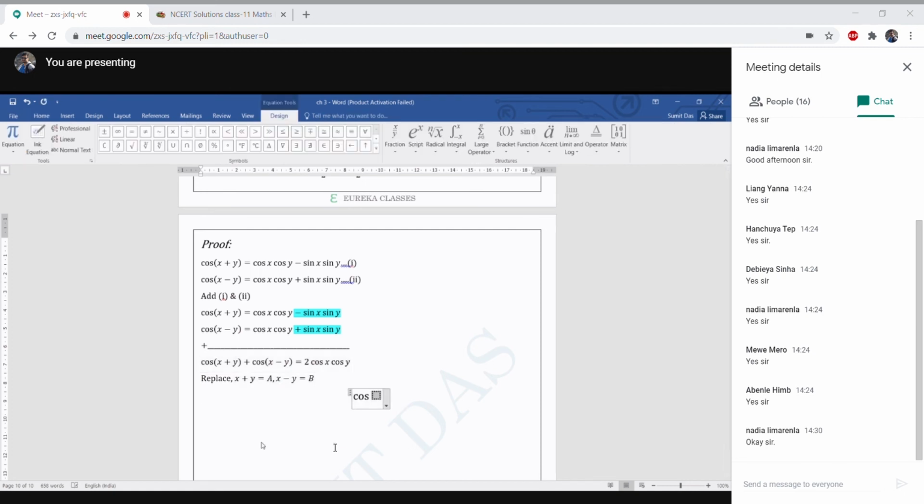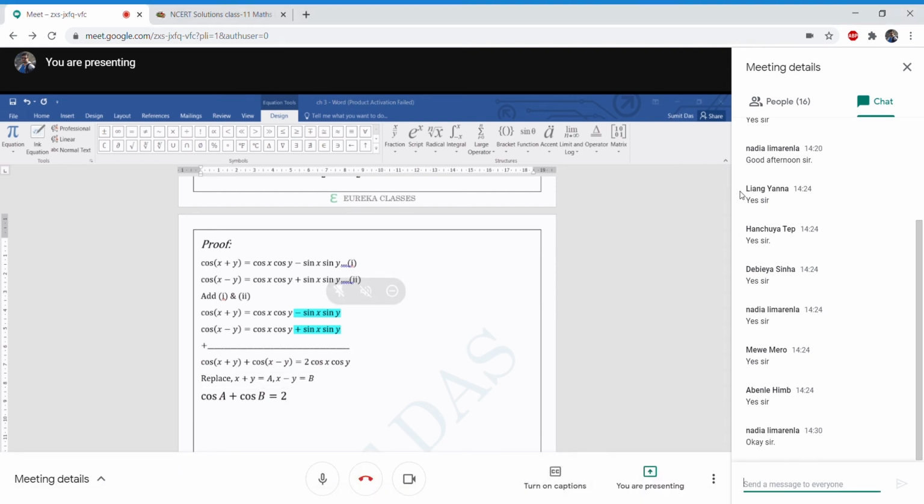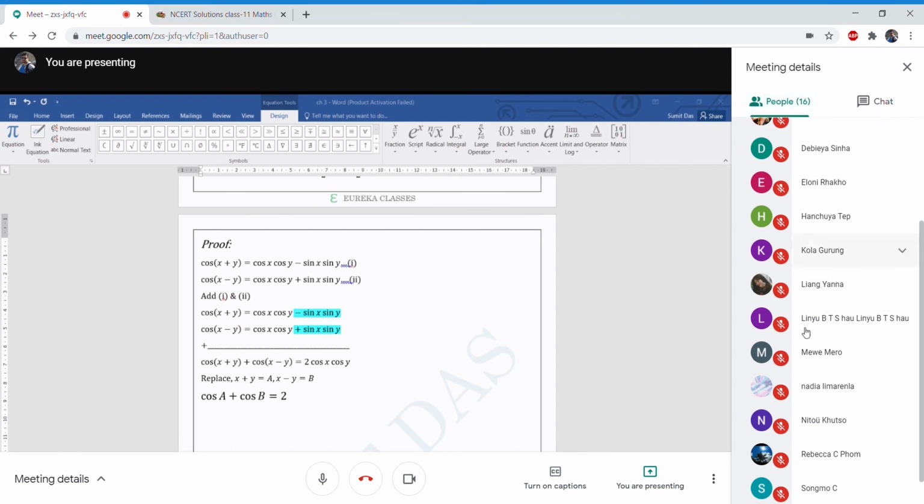We'll get cos A plus cos B equal to, anyone can tell me what will be the value of x if x plus y is A and x minus y is B? I hope you can understand this.